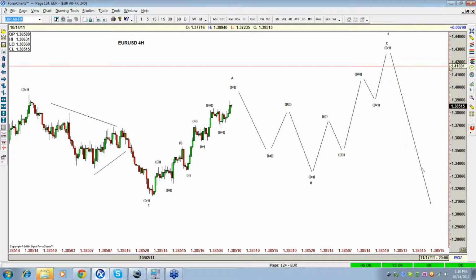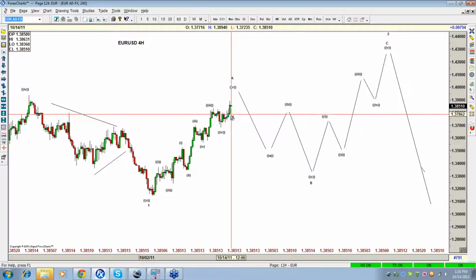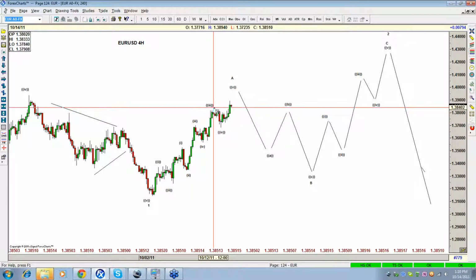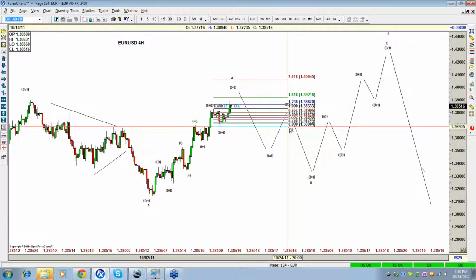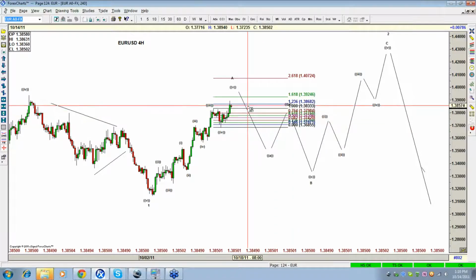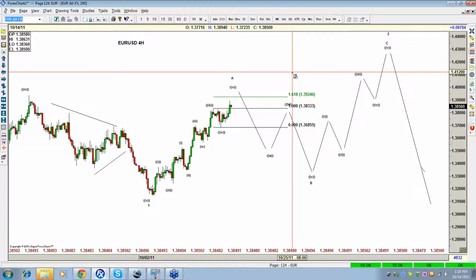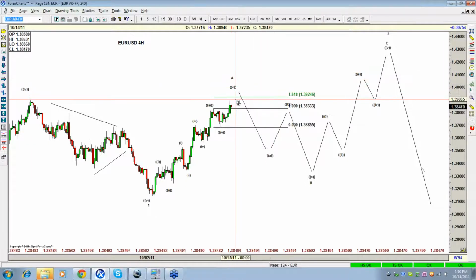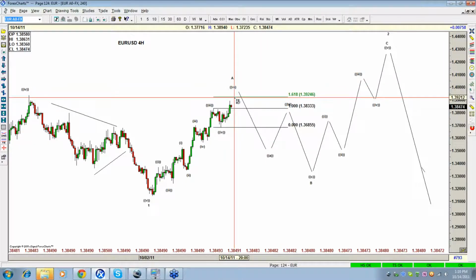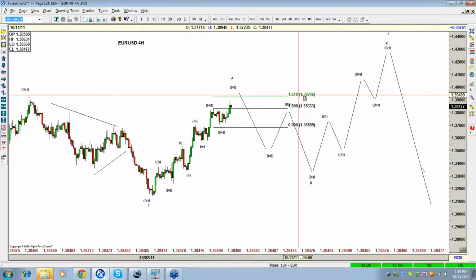So technically, this move can end in one of these levels. It is 139.24. These are the levels, Ed, that I was mentioning today, because we know that the dollar is ending a move, and we like to mention where each pair can be ending. 139.24, which is the 1.618 index Fibo.